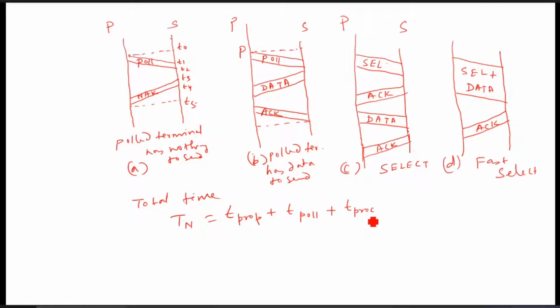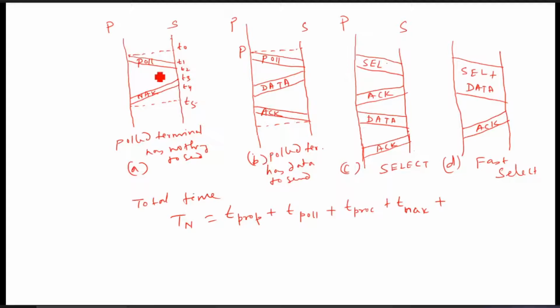So that is the processing time, T processing. Similarly, to transmit the negative acknowledgement it will take some time, that is T NAK, the negative acknowledgement, plus.